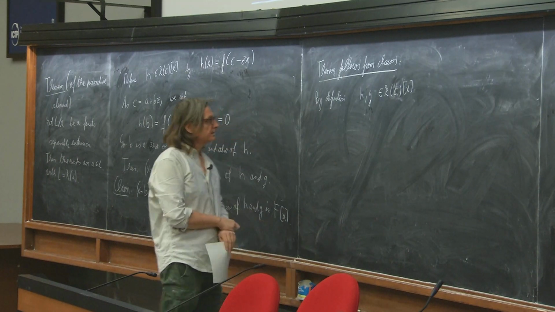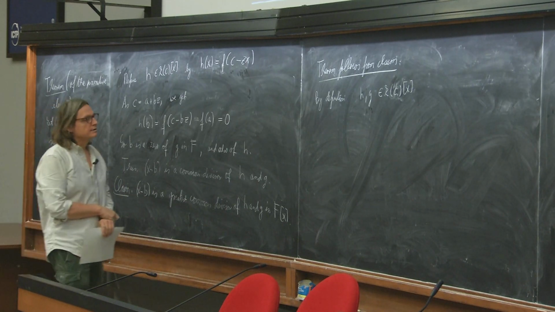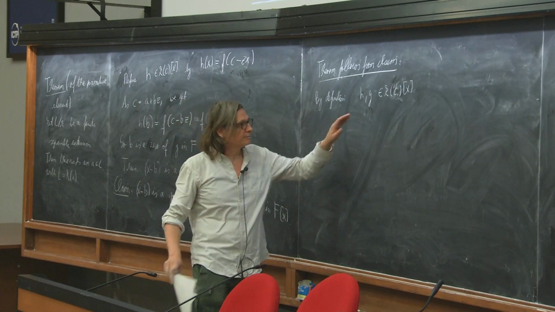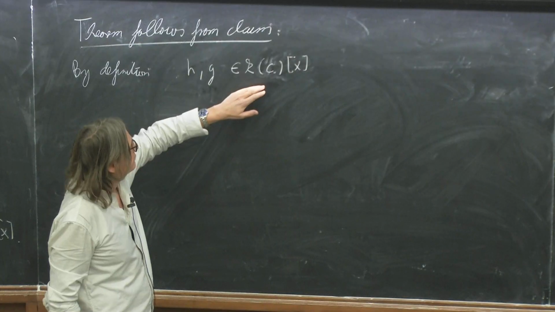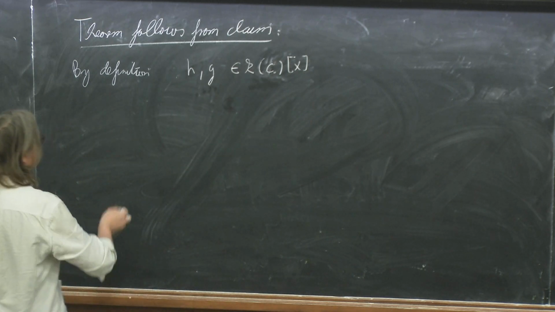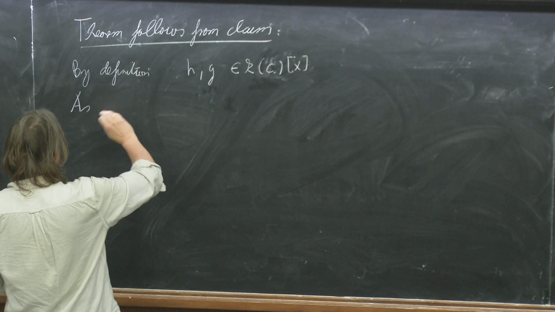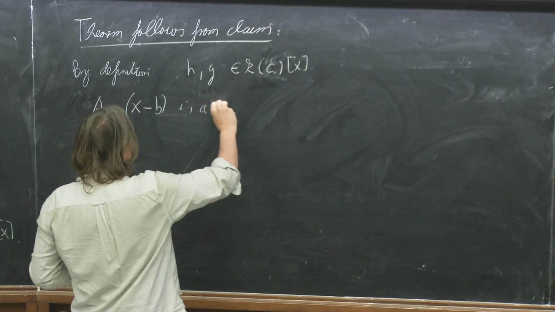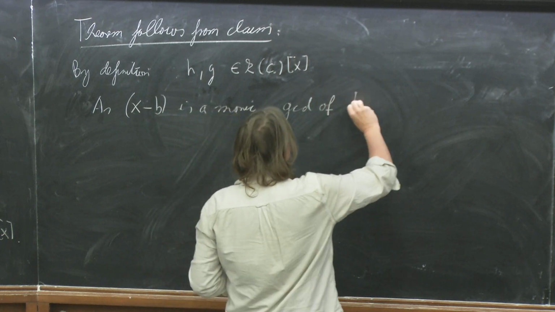Okay, so we had this corollary to the Euclidean algorithm, which said that if you have a greatest common divisor of two polynomials with coefficients in a certain field, which is, for instance, monic, so the leading coefficient also lies in this field, then the whole polynomial lies in this field. So x minus b is a monic greatest common divisor of h and g.